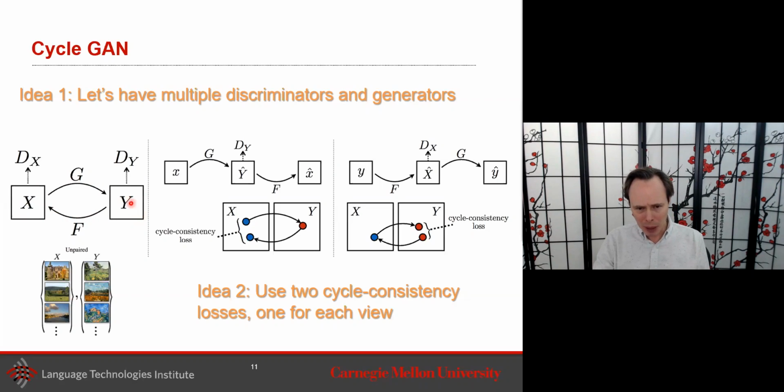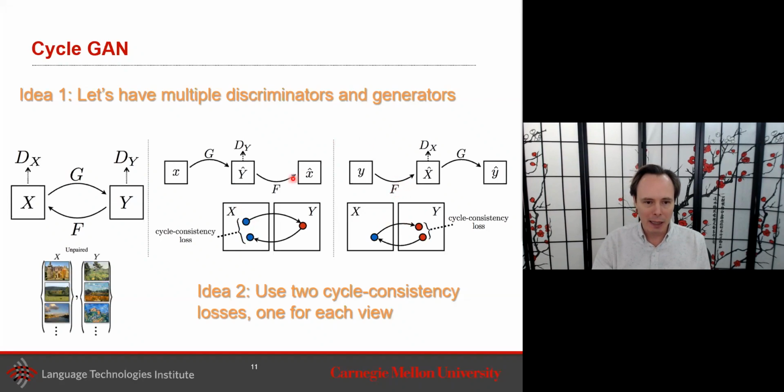But I will also do it the other way around: I will take some image from Y, generate an X, and generate back the Y. And by tying the weights so that the G's are the same in both cases and the F's are the same, the same generators with the same weights, I have two losses trying to make whatever I synthesize as close as possible to the original.